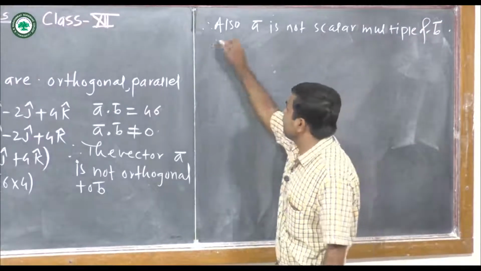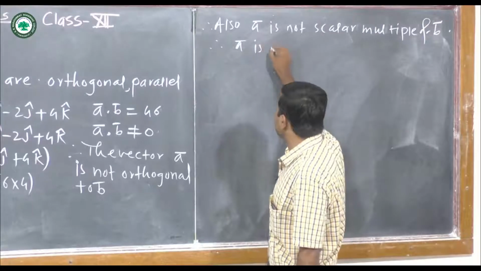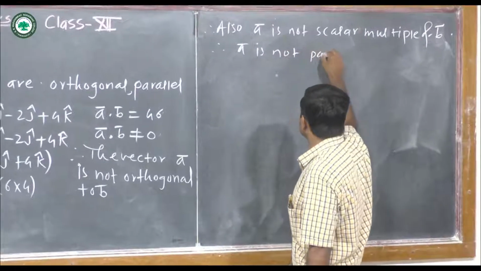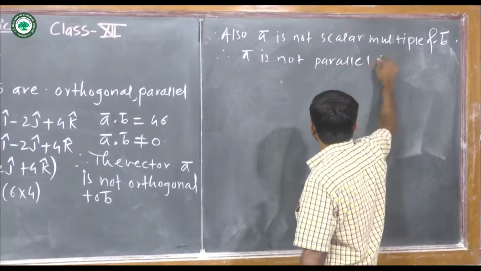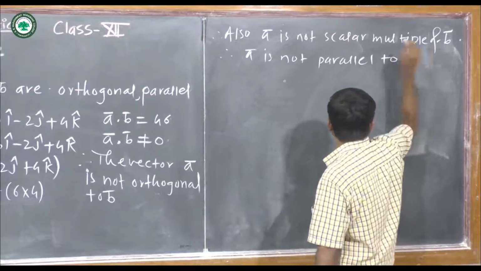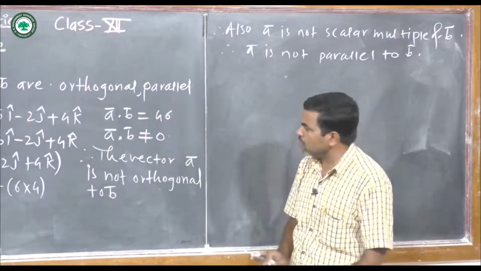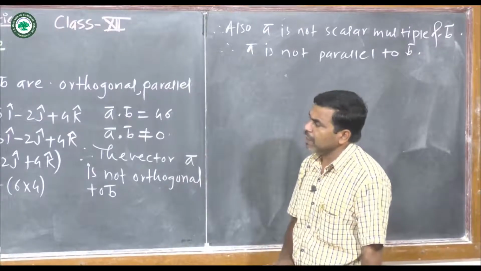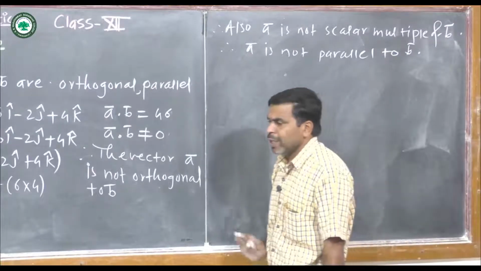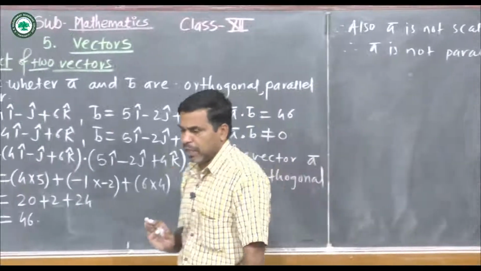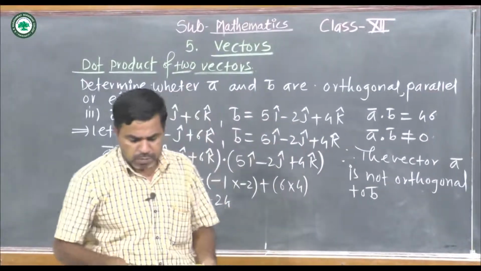It means that A bar is not parallel to B bar. So in this sub question, A bar is not orthogonal to B bar and A bar is not parallel to B bar.